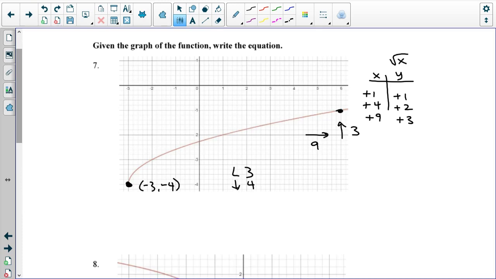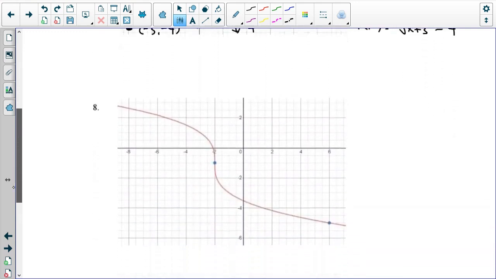So this fits a square root function. I'm not having a vertical stretch, so that means I have the square root of x plus 3 minus 4, because I have a left shift of 3, a down shift of 4, and no vertical stretch.